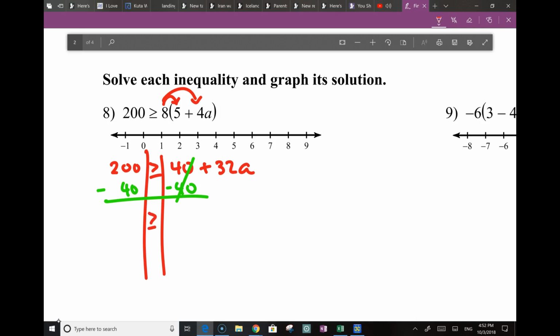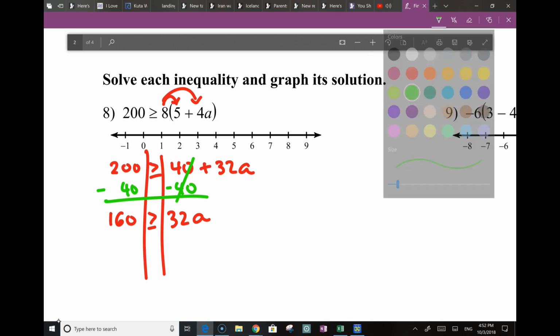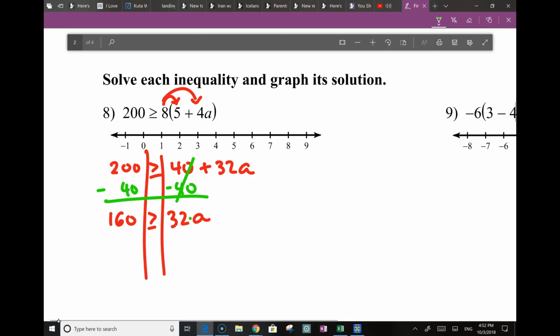This would be 160 is greater or equal to 32a. Once again, using my equation solving skills, I'm going to do the inverse of multiplication, and I'm going to divide by 32. All right, so that's gone. And what I have now is a on the right side. My inequality is right there, and this is going to be a 5.